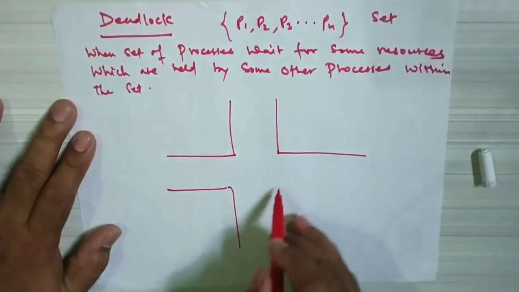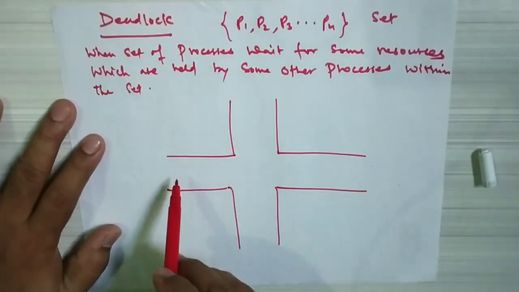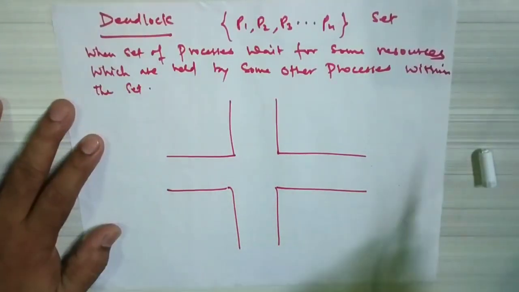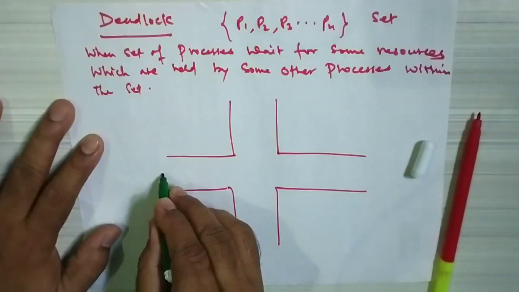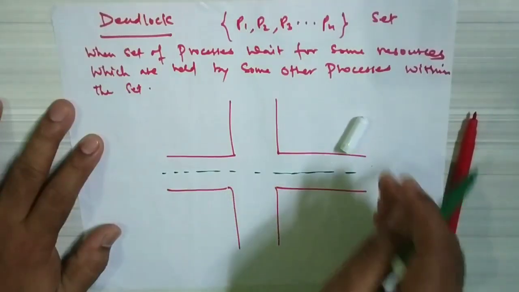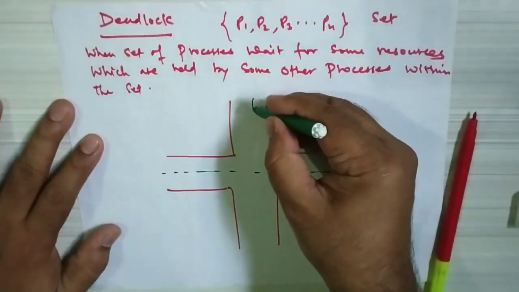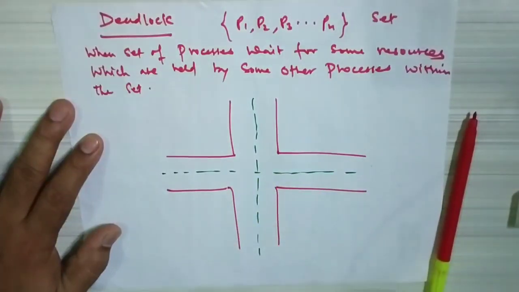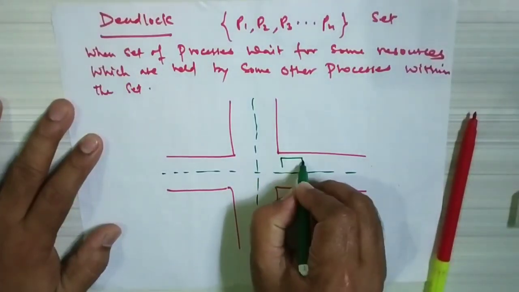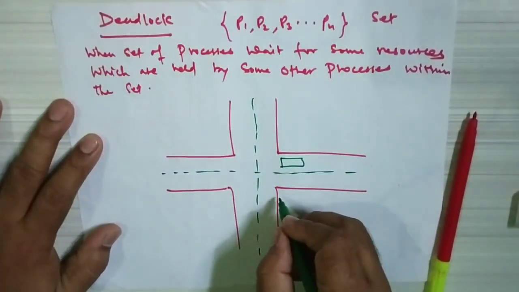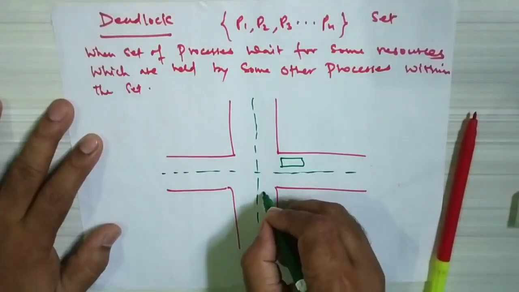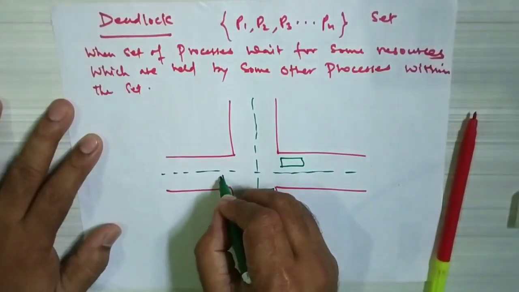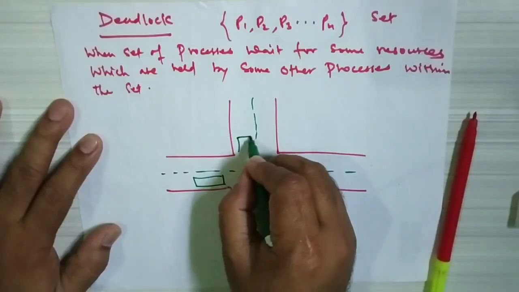This is the road, and the road consists of two lanes. We'll understand this is a two lane road. One vehicle is coming from here, one is coming from here, one is coming from here, and one is coming from here.